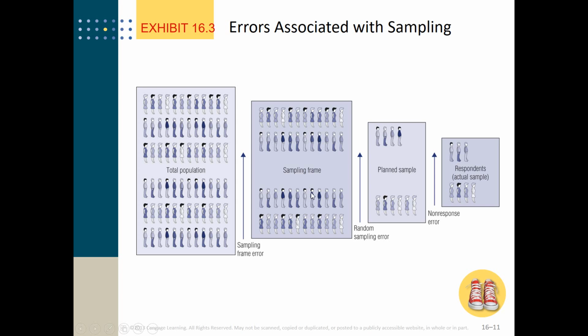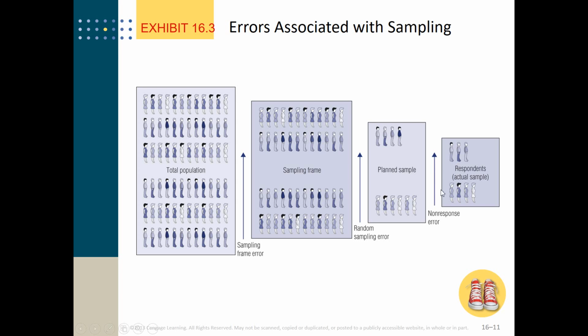From the sampling frame, you go for a planned sample. Let's say 500, 5,000 or whatsoever. You incur some random sampling error because you are not taking your whole population, you are taking only a sample. Now, when you have a planned sample, let's say 5,000, your actual sample may differ from your planned sample, because it's not necessary that all 5,000 respondents will answer your questions.